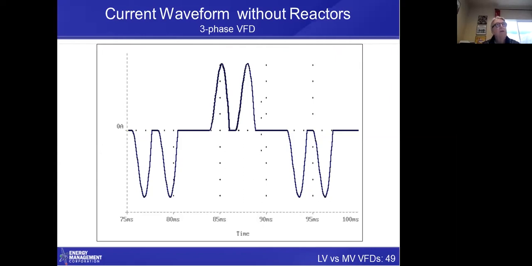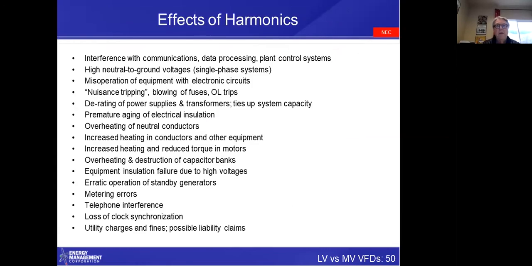And that particular waveform will generate very high levels of harmonics, about 100% on a typical drive. It can cause all kinds of effects due to the harmonics, and I'm not going to go through all those effects. Suffice it to say that harmonics means you've got high frequency currents on your distribution system, and they will cause problems. They may not cause problems that prevent you from operating, but it's certainly not as good as a sine wave.